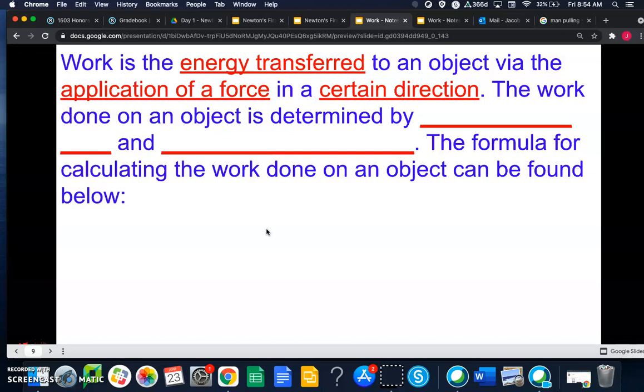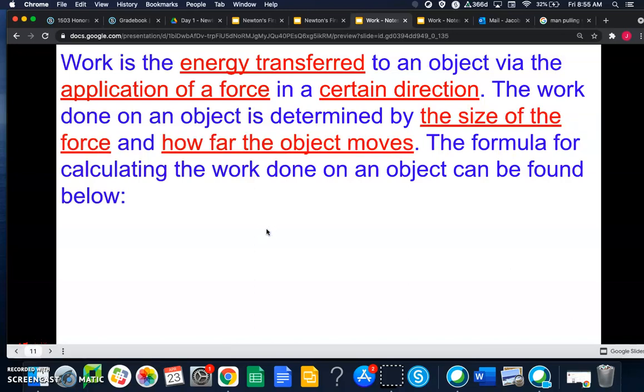The work done on an object is determined by the size of the force and how far the object moves. So the bigger the force, the more work you're doing on an object, and the more the object moves, the more work you're doing on that object.